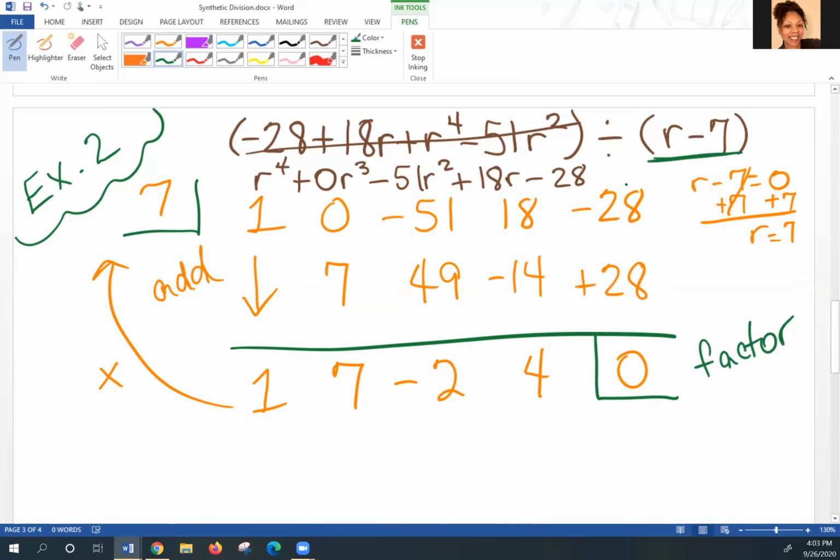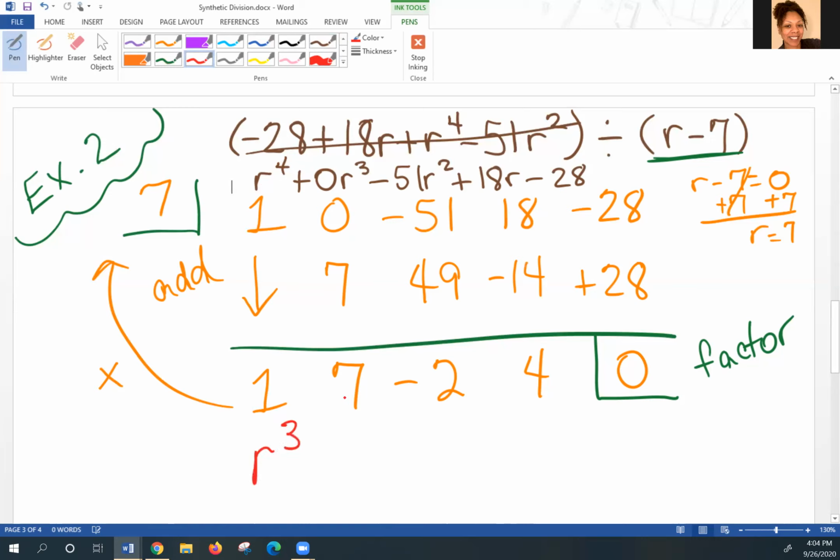Okay, so now, again, you would think you're done, but you're not, because you have to go back and put the variables in. So I'm looking at the original variables I'm given. I'm not given x, so I'm going to use the variable that's given, which is r. I count down 1 degree less than what's already shown. So if this is r to the fourth, my first coefficient just happens to be 1, so it's going to be 1 r cubed.